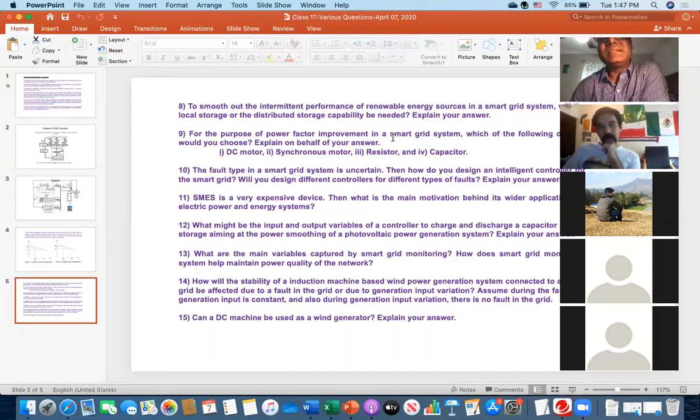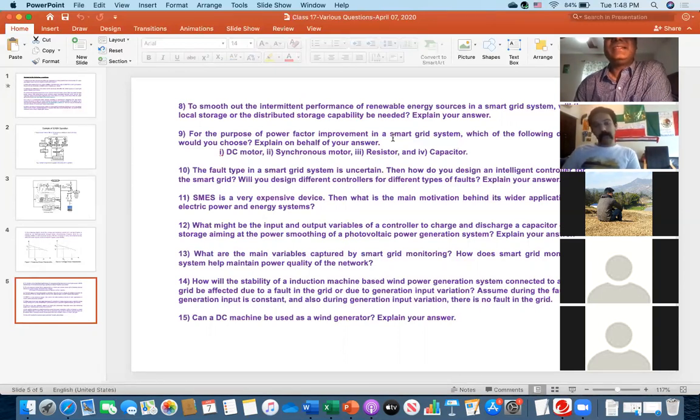This means its behavior, its characteristics, becomes fully similar to a capacitor. It can provide the leading power factor, or in other words, it is used to improve the power factor. This is very vital. You might be asked this question in your job interview.